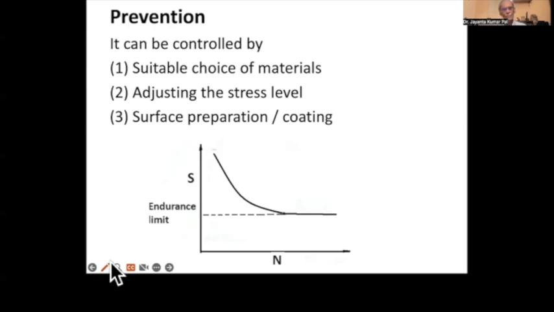So these are the few points that we may consider, but mainly the coating and the material choice are the important ones. But as I say, these are all very important topics and topics of research, and much work is going on. Here we are considering only a very simplified version of the topic.